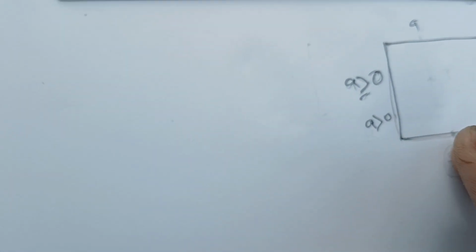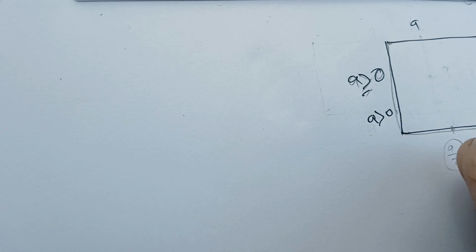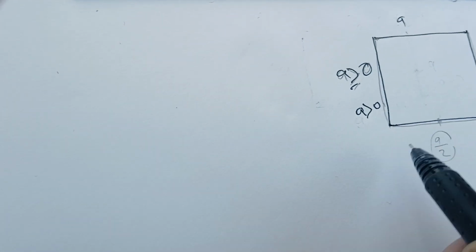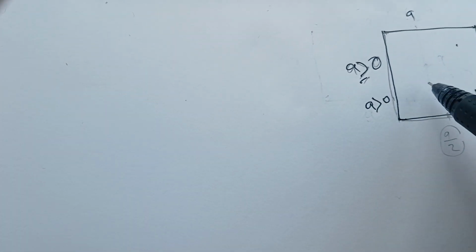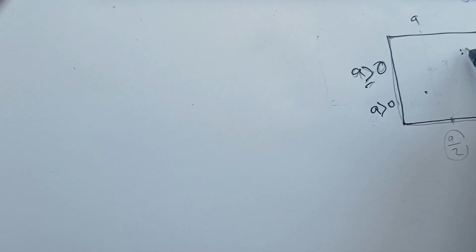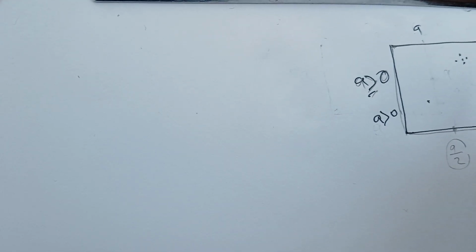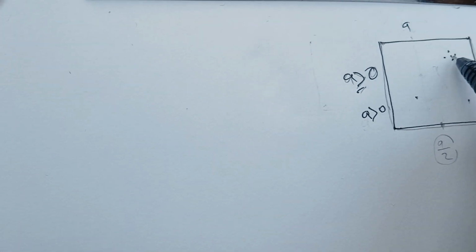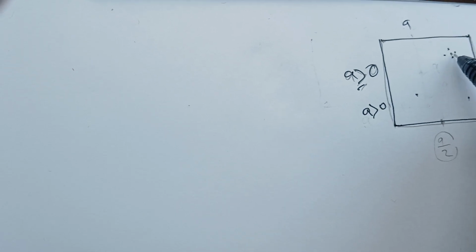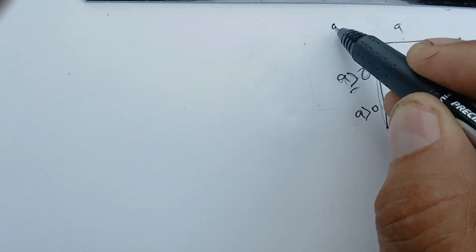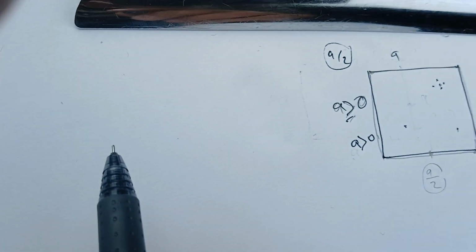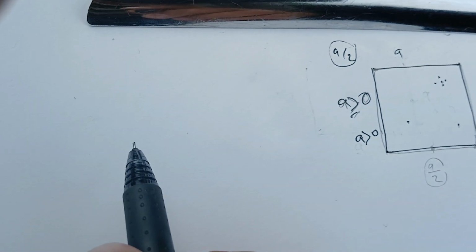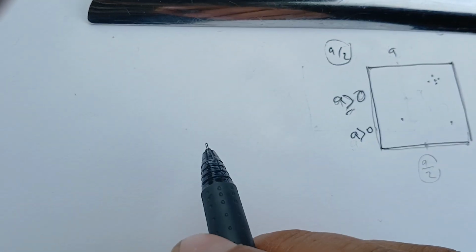So we claim that if you take any 5 points from the square, let's say here, here, here, here, here, the 5 points, and if you measure the distance between any two, you find that it's less than A over 2. Okay, this is true.